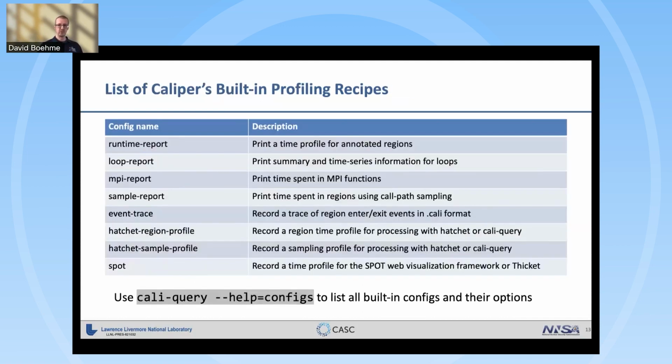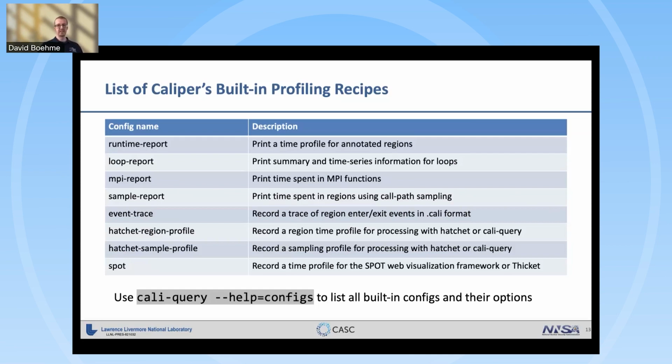So there's a whole bunch of these profiling recipes in Caliper. We have things like the runtime report that I just mentioned. You also have a loop report and an MPI report that can give you information about your loop iterations or MPI functions specifically. You can do sampling. Caliper does support call path sampling as well if you need additional detail for all the code regions that you haven't annotated. You can do tracing and essentially create a timeline visualization. We'll look into that.